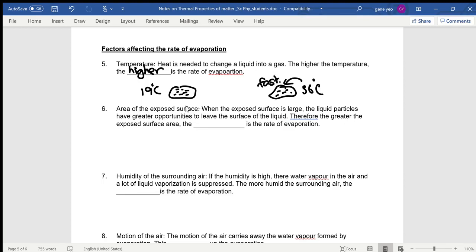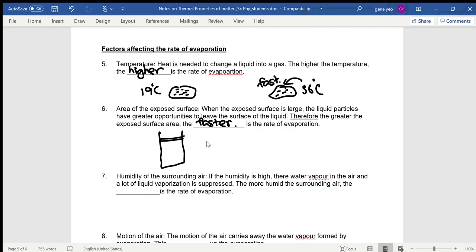Now, area of exposed surface. When the surface exposed is large, the greater the surface area, the faster is the rate of evaporation. Again, this makes sense because you know that evaporation only takes place at the surface.